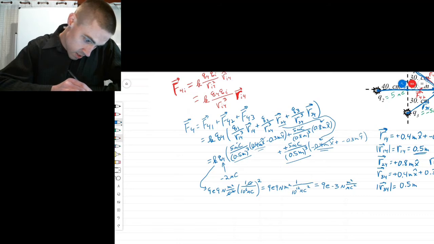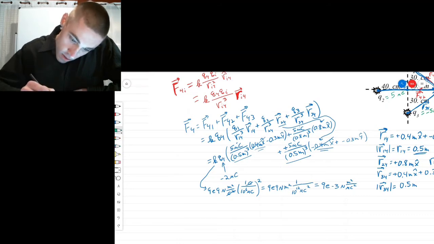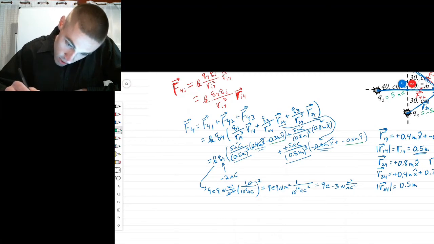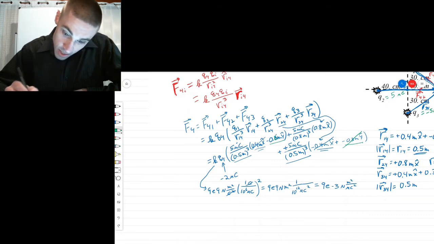Something else that you'll notice is this term here and this term here are exactly the same, so they effectively double up between the two. So I could actually just write that this is 0 and make this into 0.6 meters y-hat, and then I would get rid of this whole ugly last term here. So that's kind of nice.